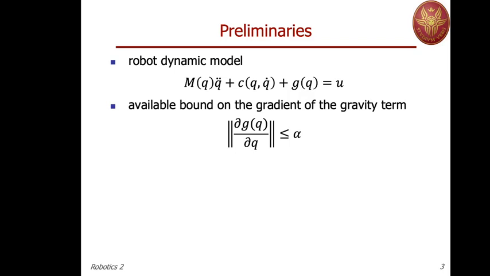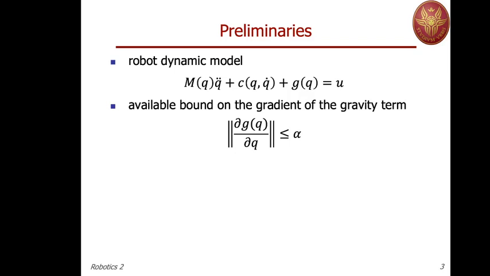In particular, given the robot dynamic model in the usual Euler-Lagrange form, we assume the existence and the knowledge only of a bound on the gradient of the gravity vector term. We have seen that the ∂g/∂q is indeed a symmetric matrix, not necessarily positive definite.